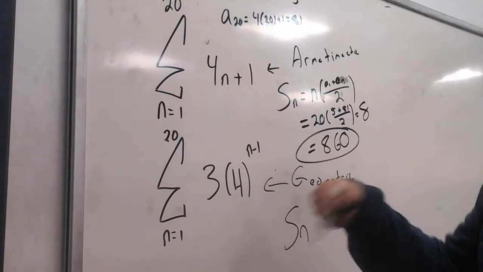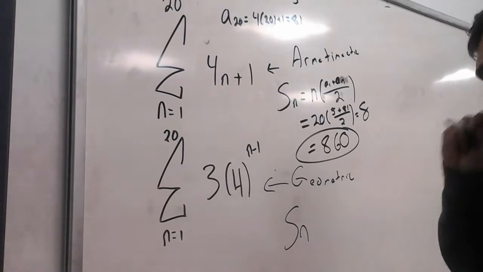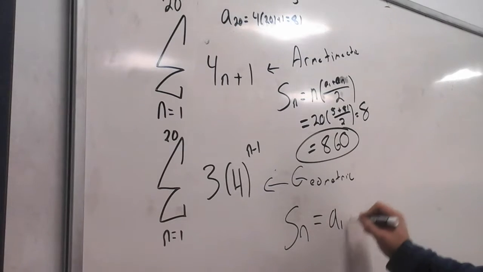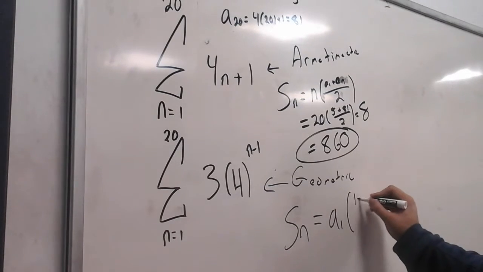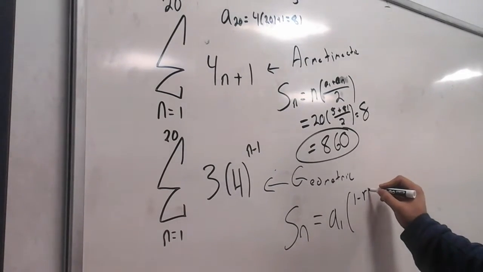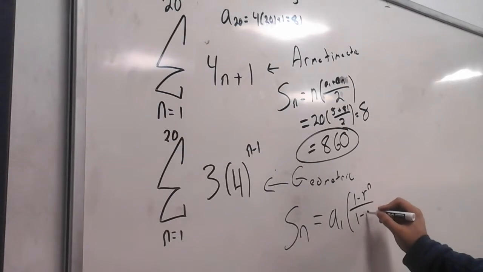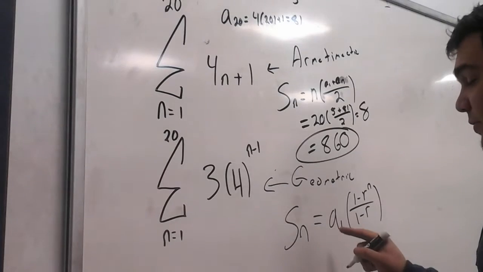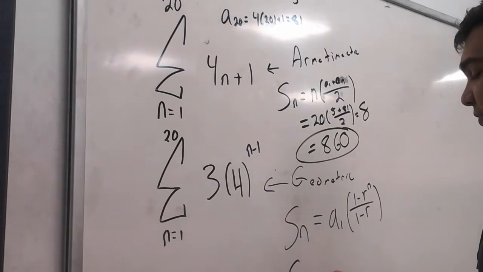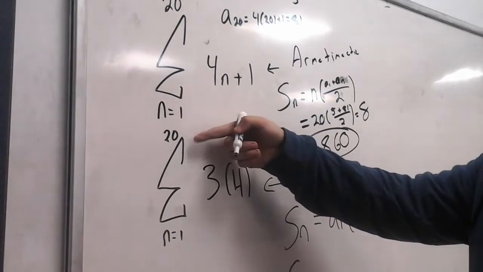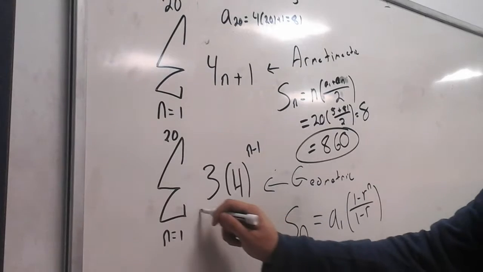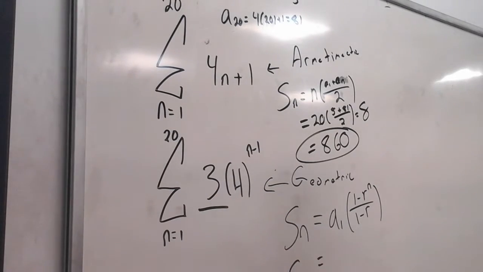Instead of doing from 1 to 20, we can just use our shortcut, which is S of n equals a1 times 1 minus r to the n power over 1 minus r. So that is going to be S of 20, and I know it's 20 because of the number on top, equals a1. I know from my equation that a1 is going to be 3.